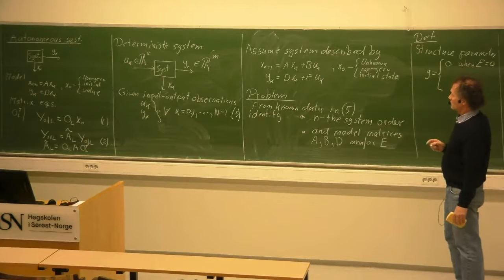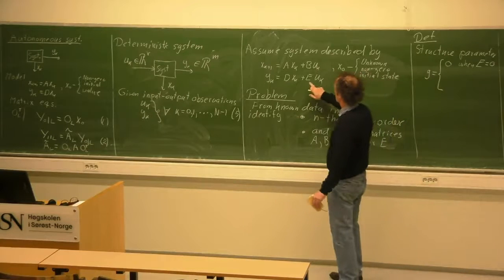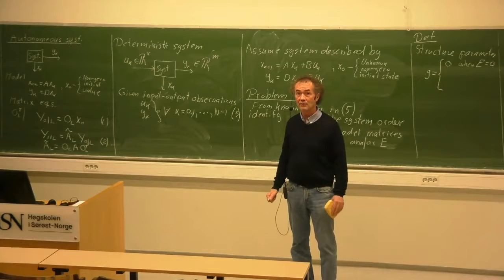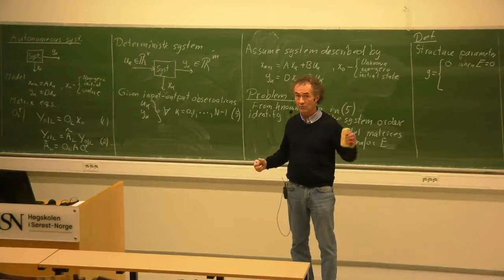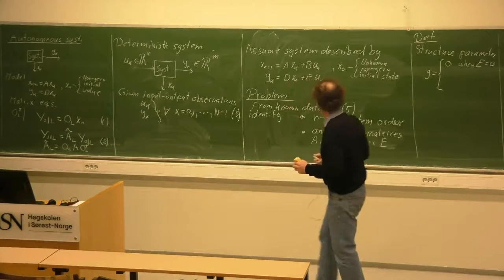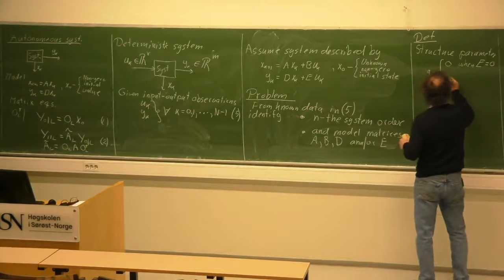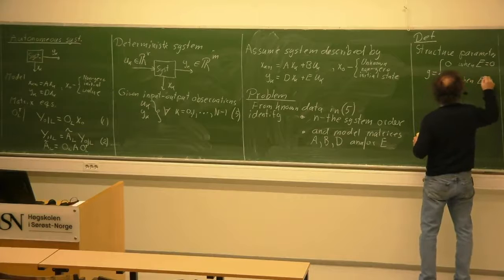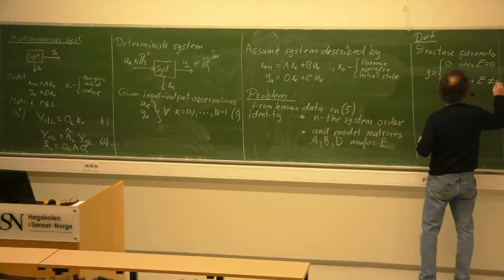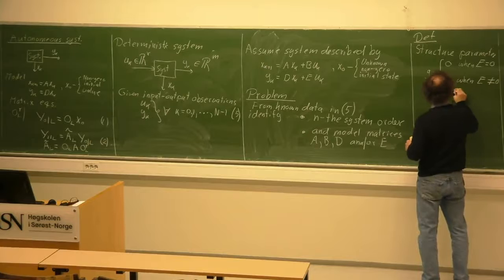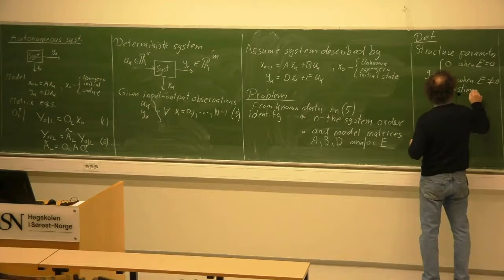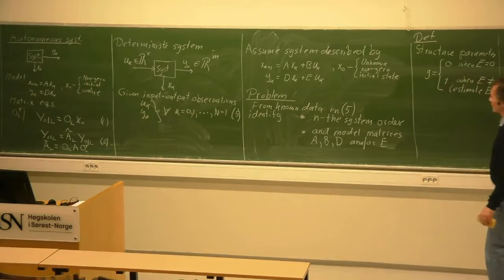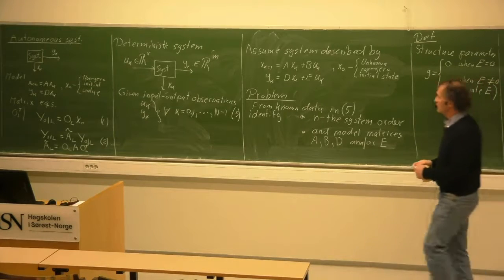The other case is to estimate E, that is, that we assume that there is a direct feed-through term from the input u to the output. When E is not equal to 0, that means that we estimate E. Keep this structure parameter in mind.